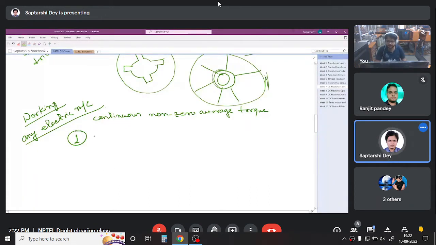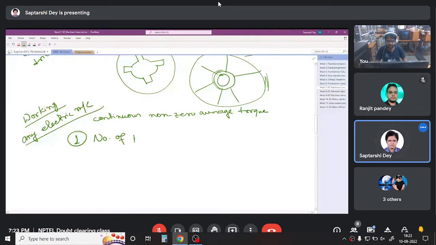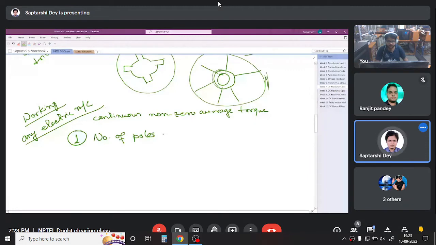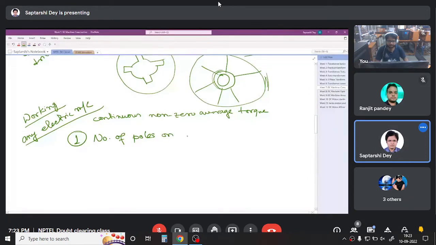First criteria is the number of poles on stator and rotor must be the same.